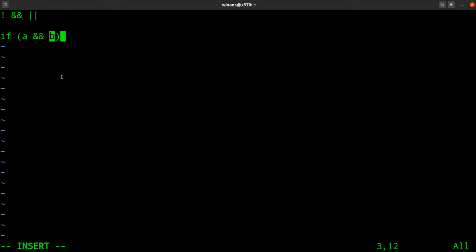If A and B are both integers, you end up with something like 27 ANDed with 0. When the compiler runs, it would insert the code to change this integer into a Boolean, and that would change it to if (1 && 0).